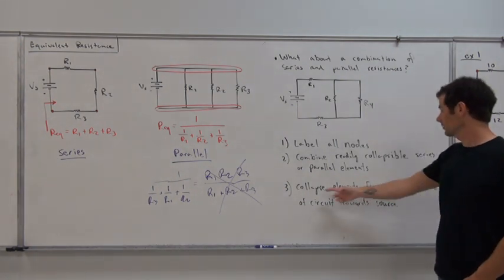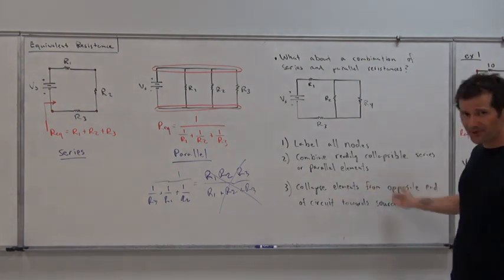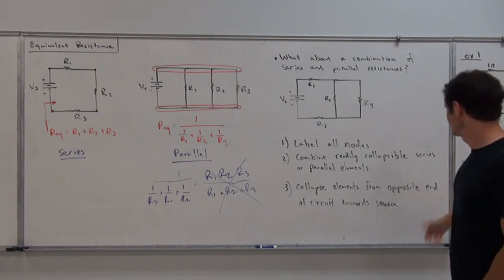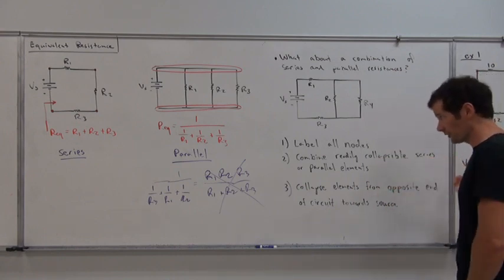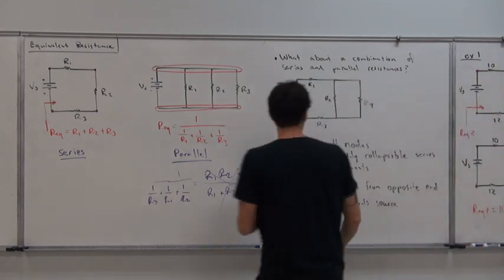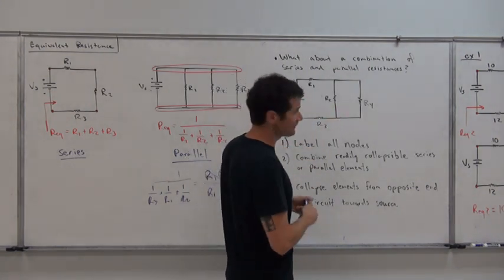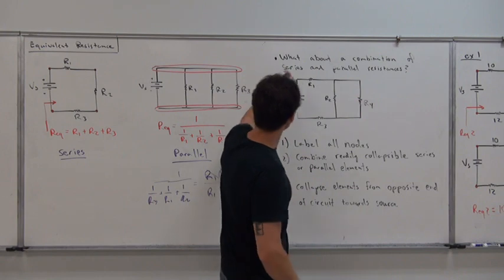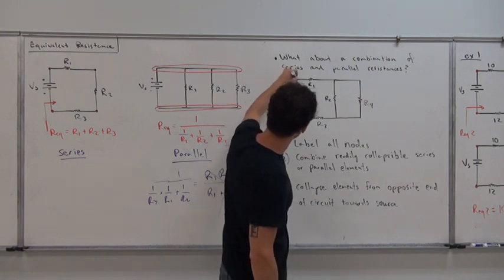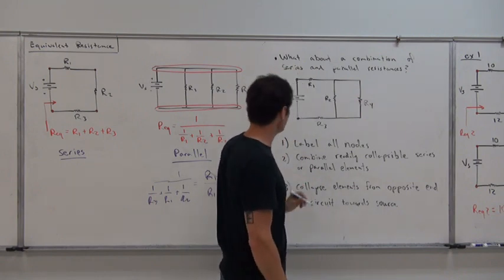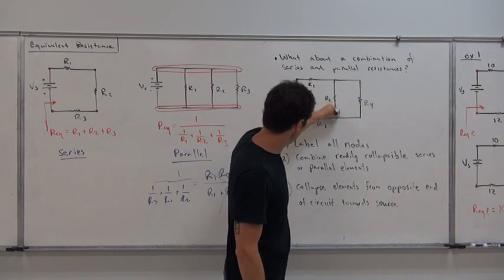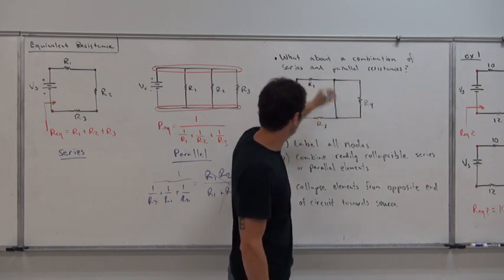And then we start collapsing those elements from the opposite side of the source, and then start collapsing towards the source. So what do I mean by that? Let's actually look at the elements. I've got a point of connection here, a point of connection here, and a point of connection here, and also here.